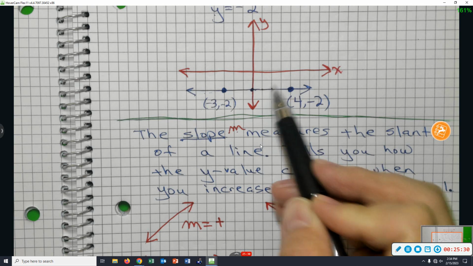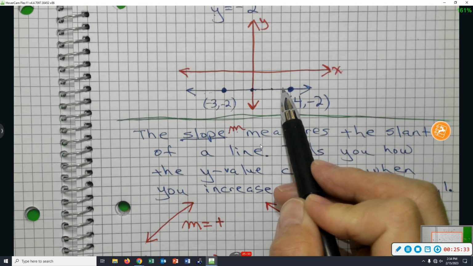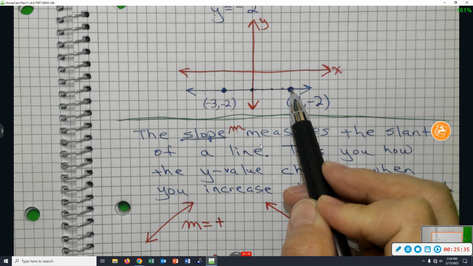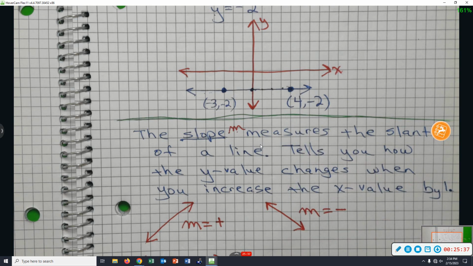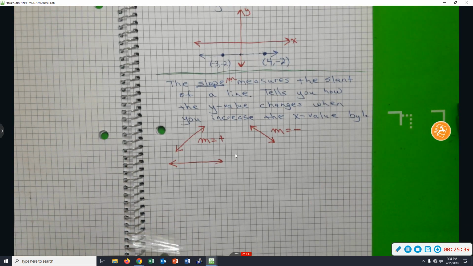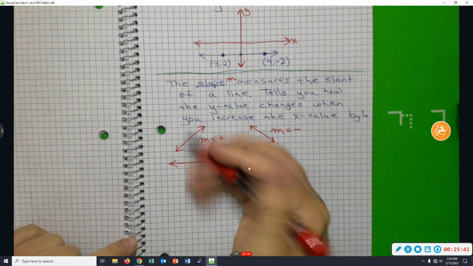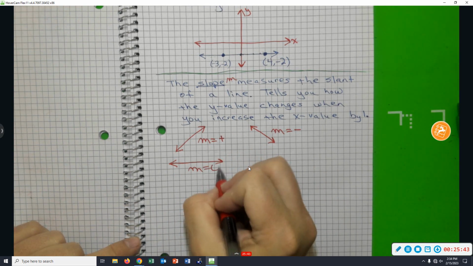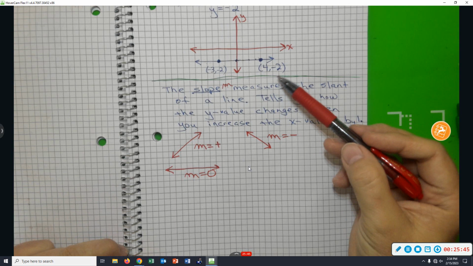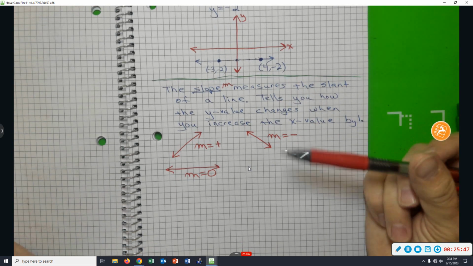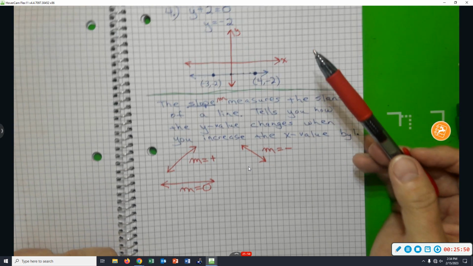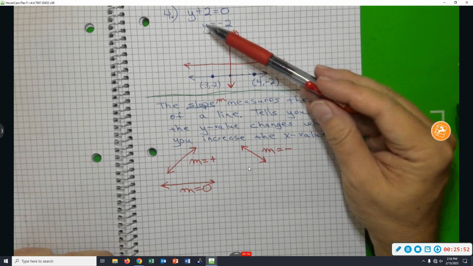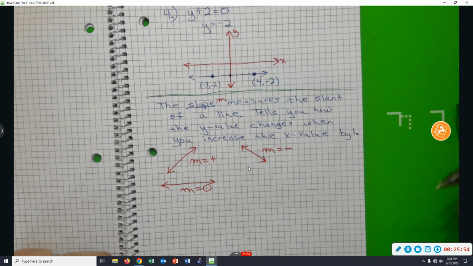How did the y value change? Is the y value changing on this line? No. We say that the slope of a horizontal line is 0, because as you change x values on a horizontal line, the y value is never changing. Remember I said a horizontal line always has the same y value.